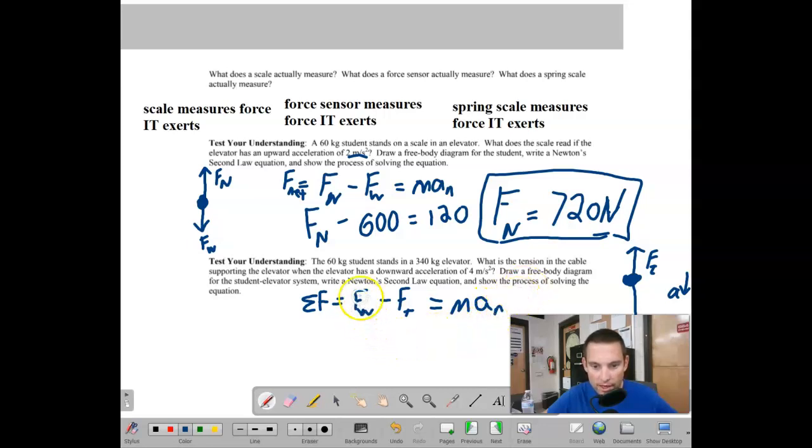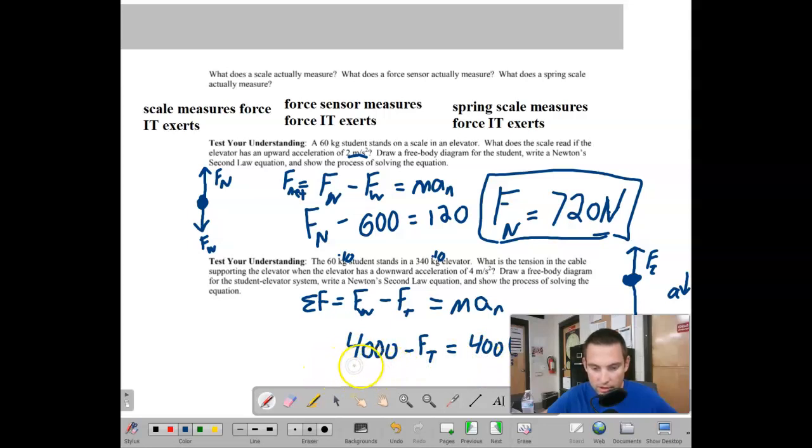So the total weight force is 600, because 60 times 10, so we have 3,400 plus 600, so that's 4,000 newtons, minus our tension force, equals total mass, 400, times our acceleration of 4, so we have 1,600.